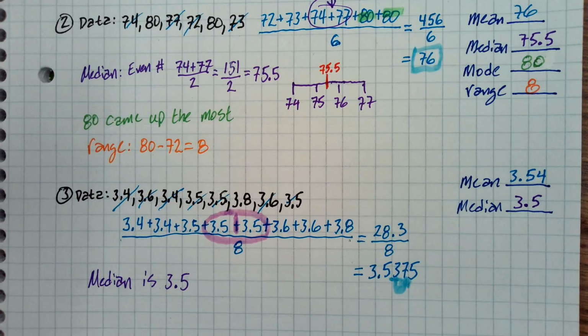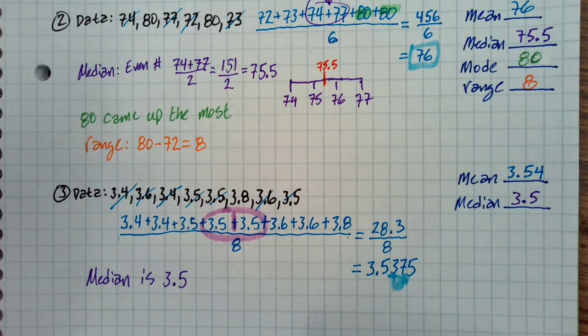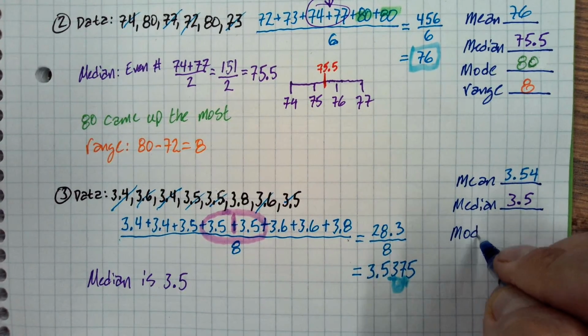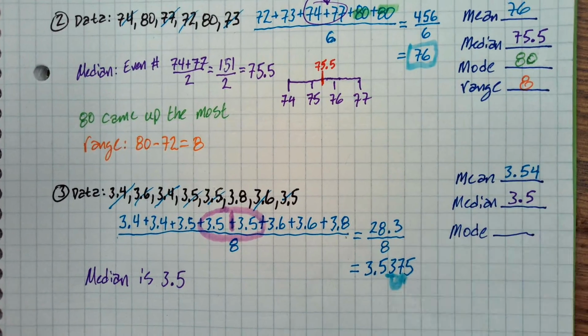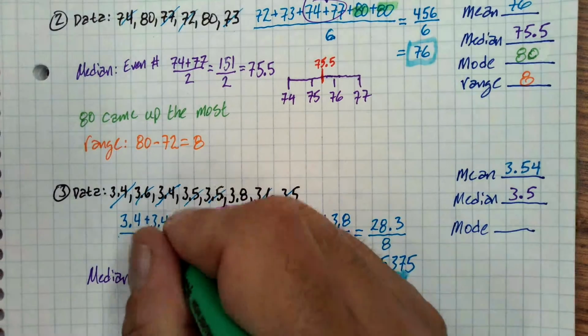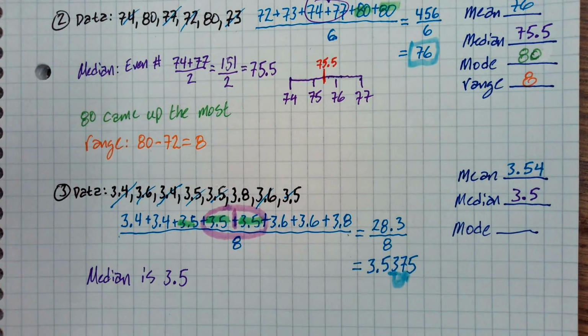Okay. Well, what else do we have to find? The mode. What's our mode number? 3.5 also? Wow. That means it came up the most: once, twice, 3 times.